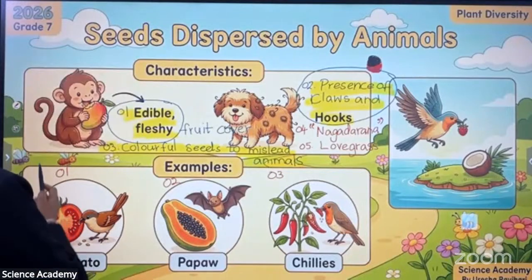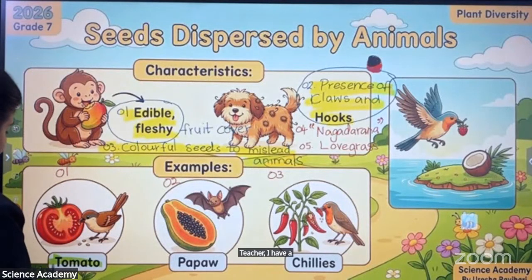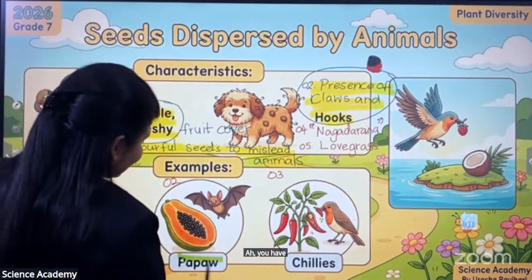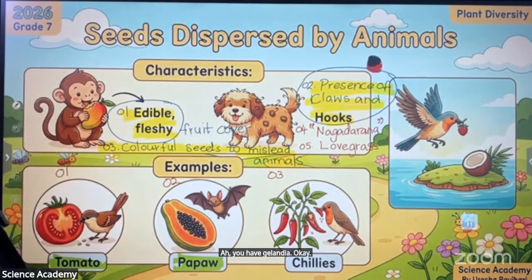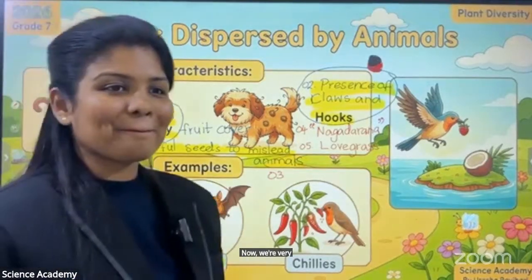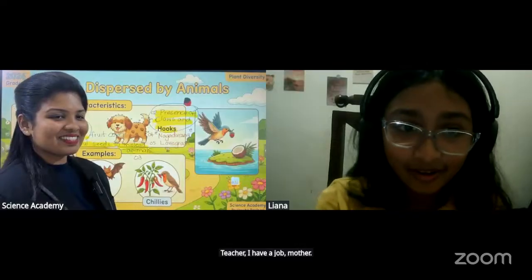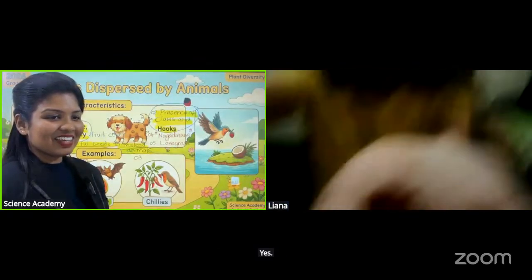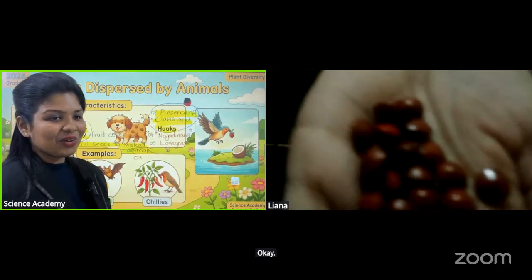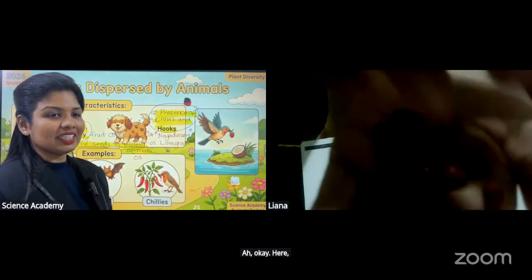Teacher, I have a jar of oleander seeds. You have a jar of oleander seeds. Okay, now available. Oh, can you show? Okay, teacher. Okay. Here children, this is oleander, right?